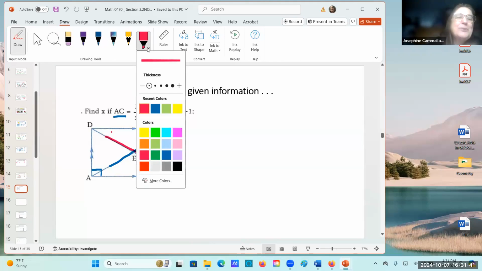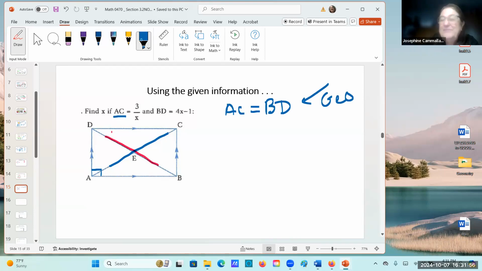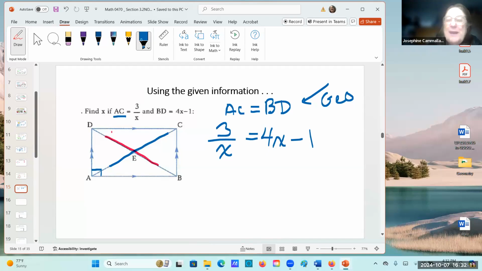That is the properties of a rectangle. AC is equal to BD. This is the geometry. Now, what I have to do to find X is algebra. This is 3X is equal to 4X minus 1.